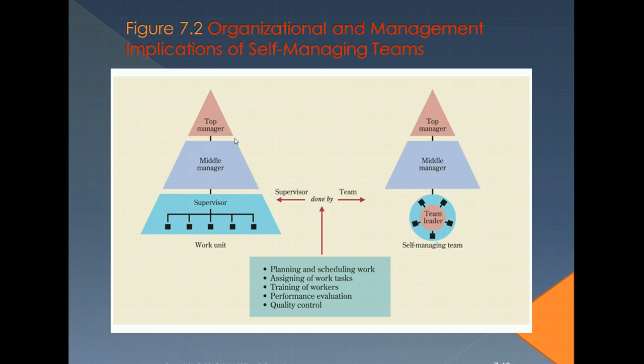On the team-oriented side, you have the top managers and the middle manager, and then you have a team that's self-managed. So instead of having a supervisor managing a group of people, coordinating and organizing them and telling each one individually what to do and trying to get a result from them, you can reorganize them into a self-managed team, which basically eliminates that position of supervisor.